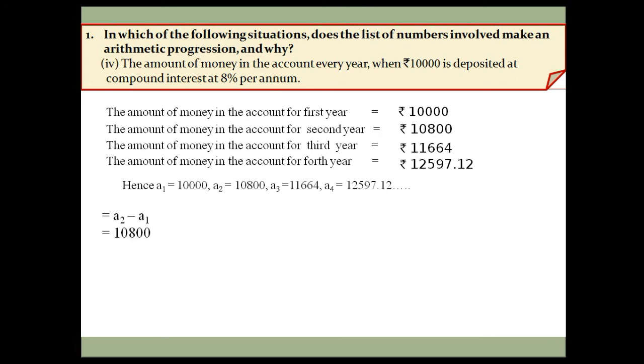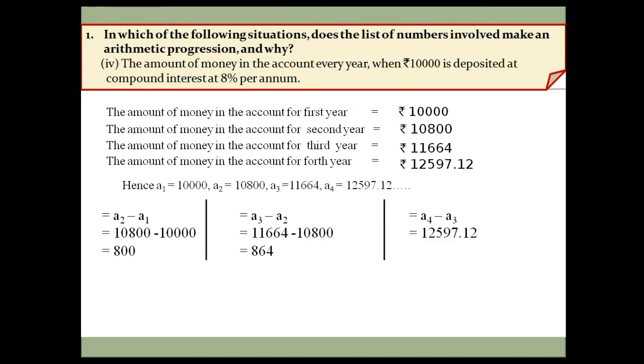Second term minus first term is 10,800 minus 10,000, which is 800. Third term minus second term is 11,664 minus 10,800 equals 864.